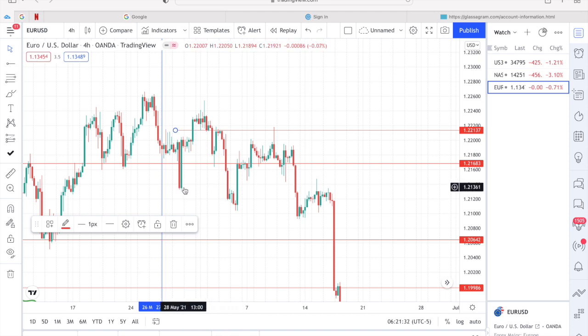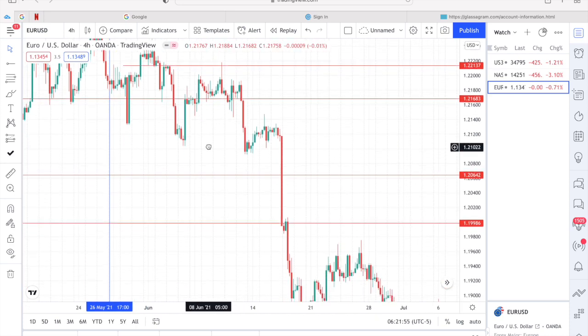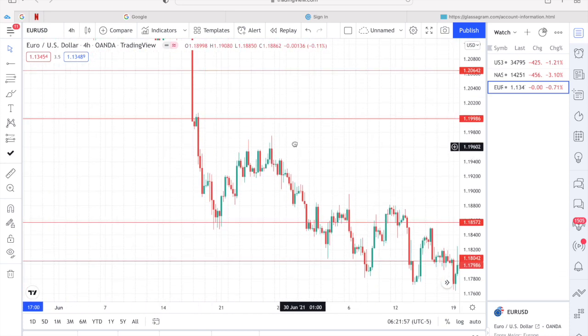But it's been creating what, lower lows. So you are getting the idea that there might be a price action reversal. It might now be in a bearish environment. So price came back down up here, and now it started to go down. So that's one example of a bearish order block.